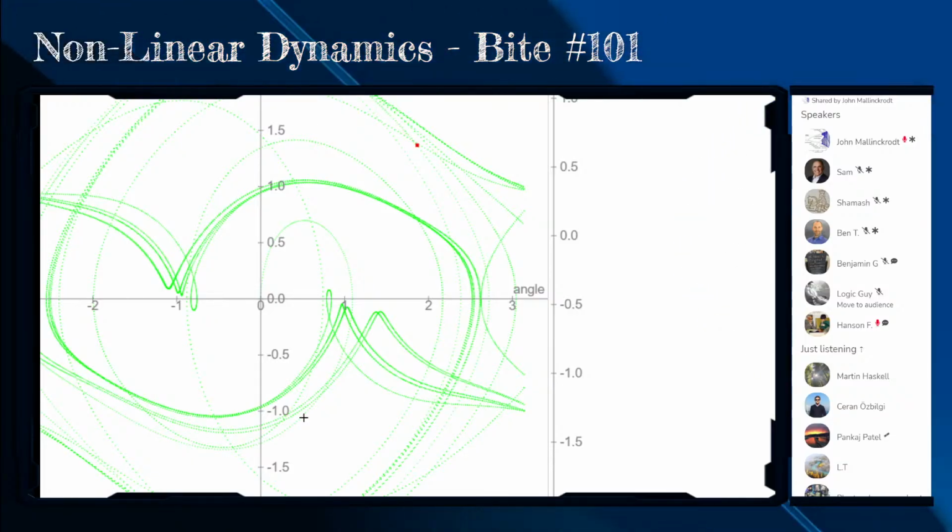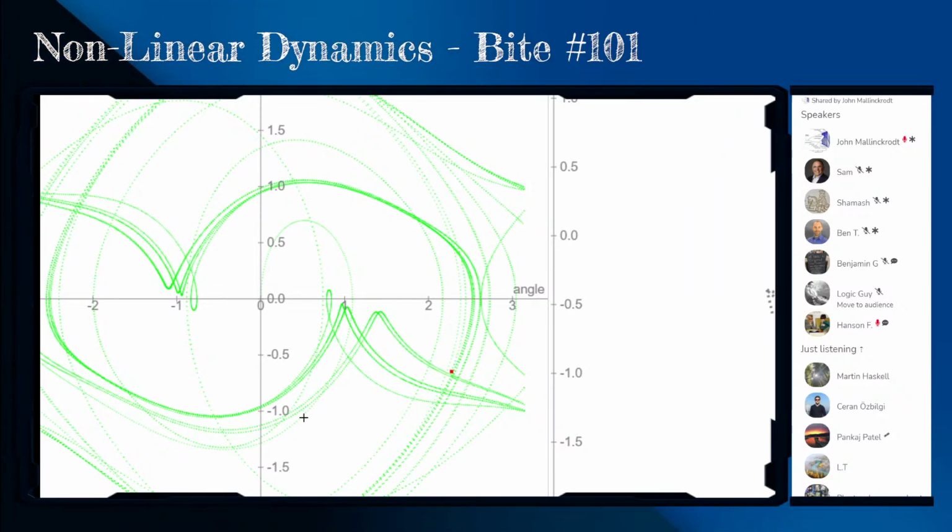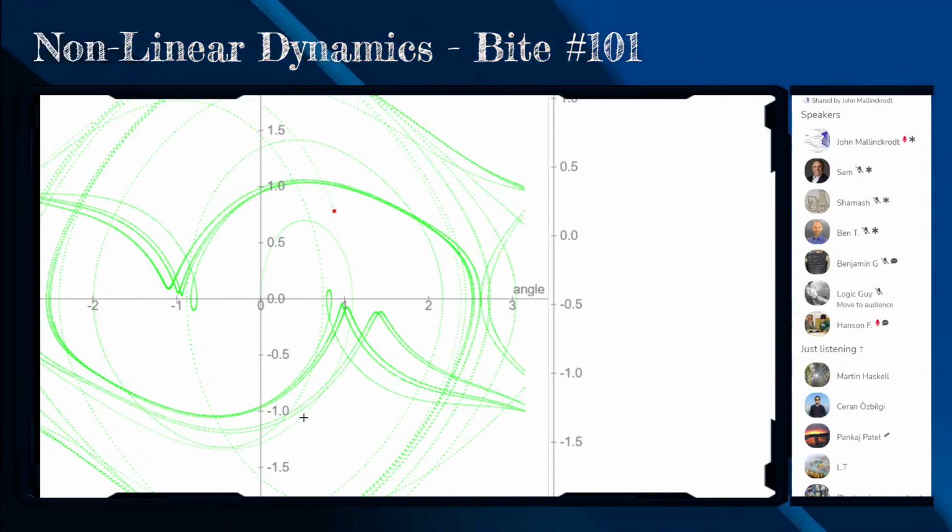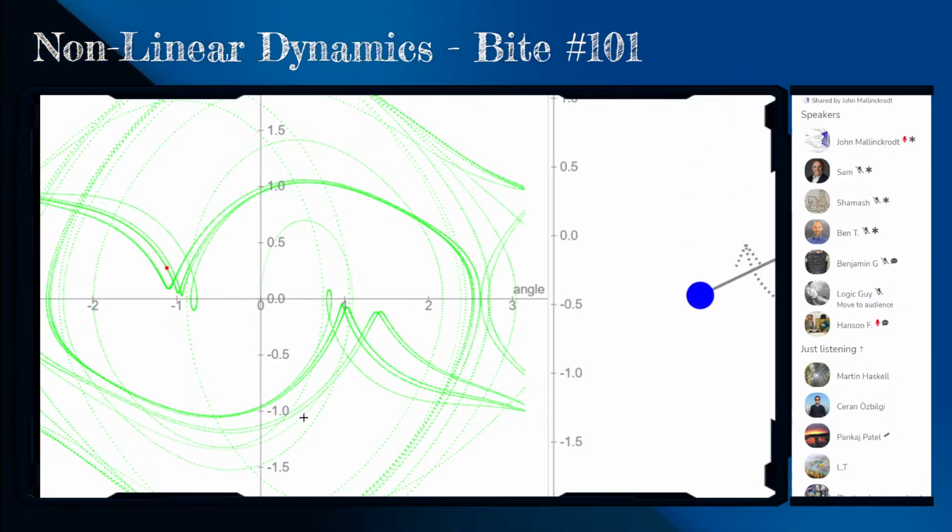On the side, in the opening display, is what's called a phase space diagram for this system. It shows on the x-axis the angle of the pendulum, and on the y-axis the angular velocity of the pendulum. When the pendulum is moving in the counterclockwise direction, it's considered to have a positive velocity.